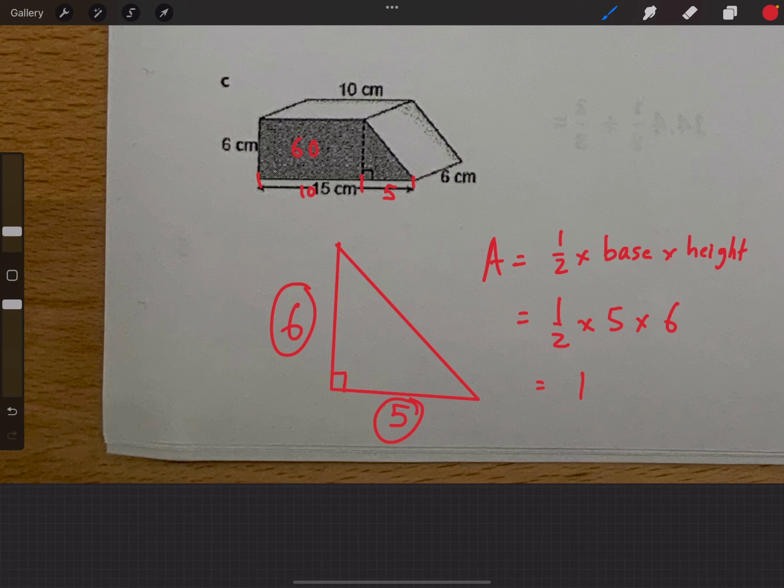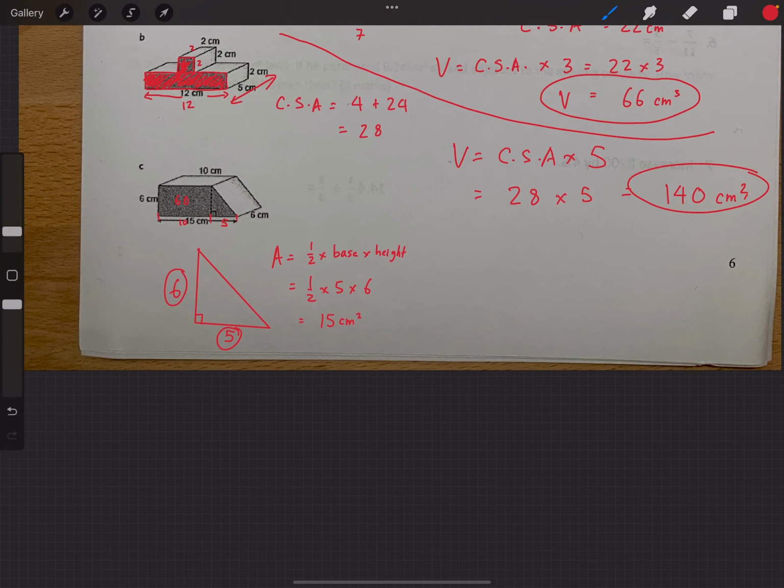Half of 30 must be 15 centimeters squared. All right. So the cross section area, let me just draw a little border, is equal to the area of the rectangle plus the area of the triangle. Rectangle is 60, triangle is 15, and the cross section area is going to be 75 centimeters squared.